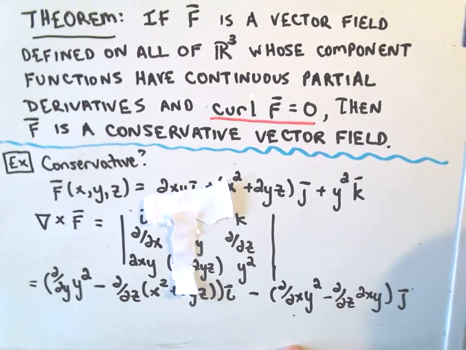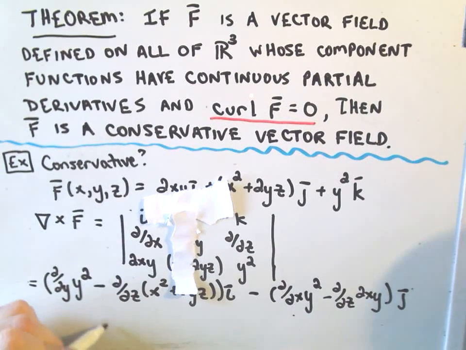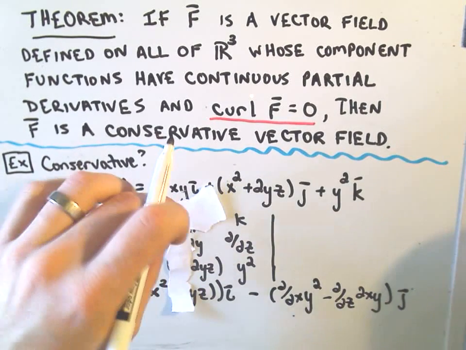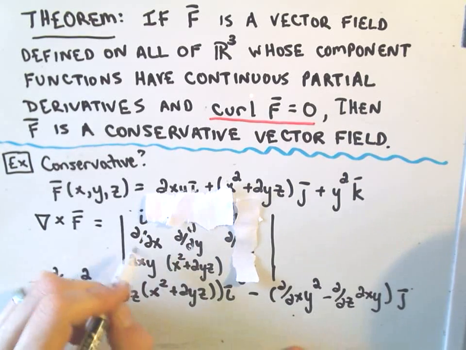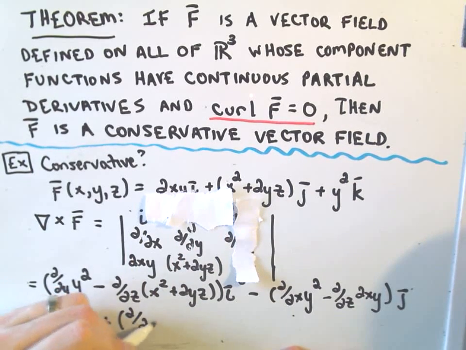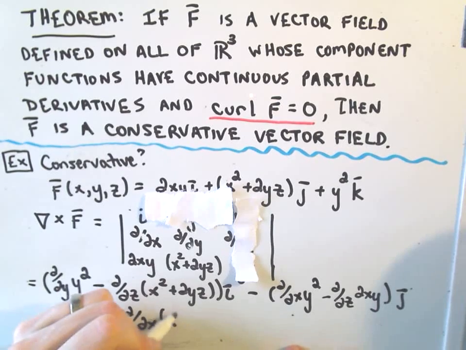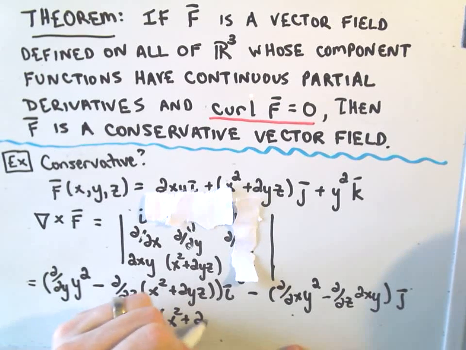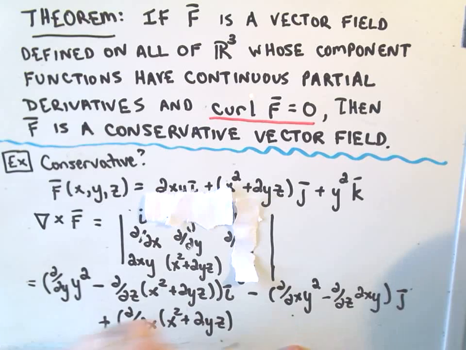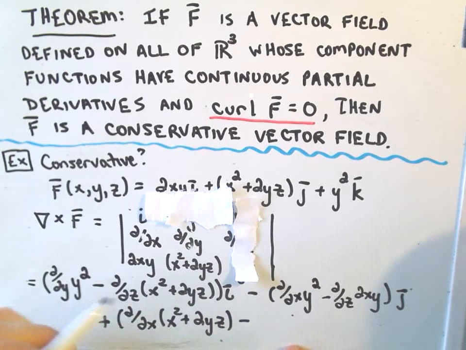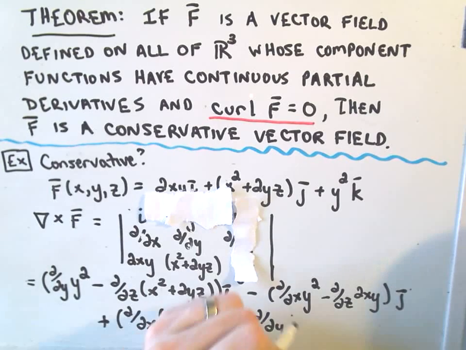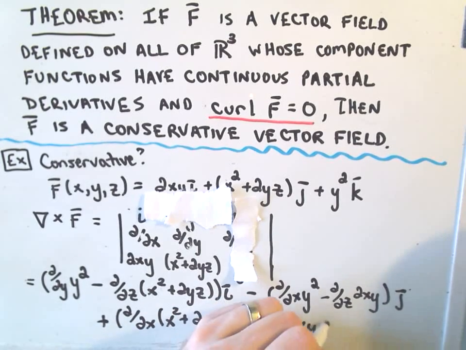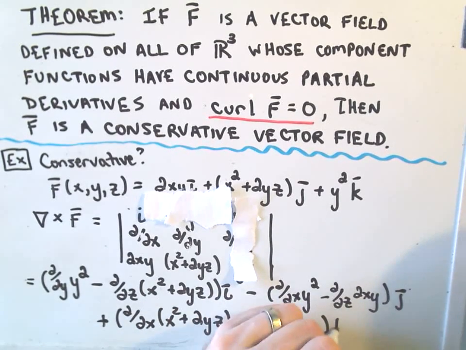And then we add on the component that goes with k. To get that, we take the partial with respect to x of x squared plus 2yz, minus the partial with respect to y of 2xy. That'll be our k component.